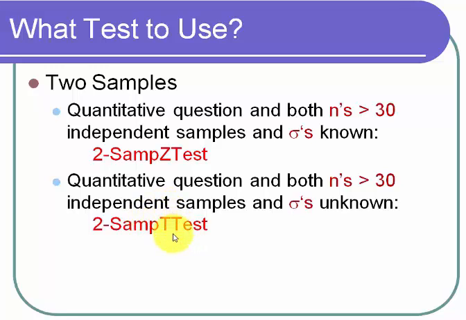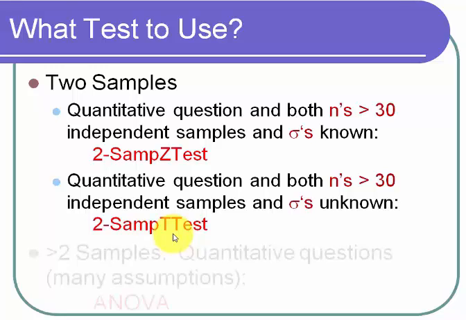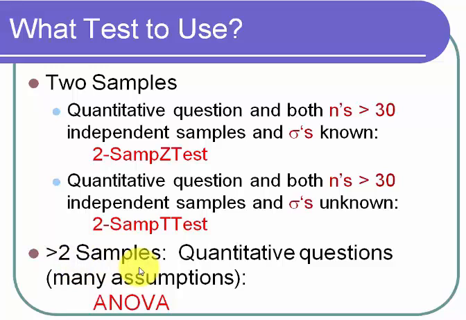And then finally, we have today's big hypothesis, and that is if we have more than two samples, and they are quantitative questions, and we have all of those many assumptions met. We have to make sure of normality, we have to make sure that the population standard deviations are the same for all of the different populations.